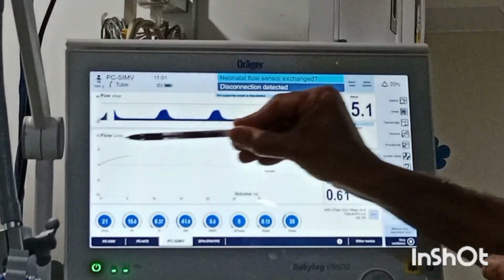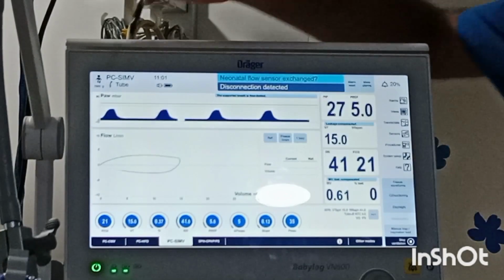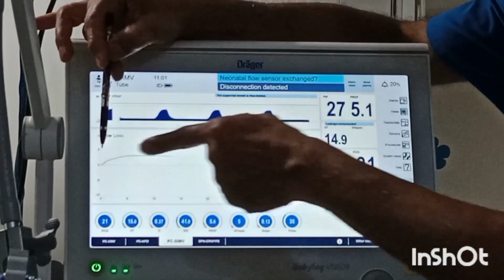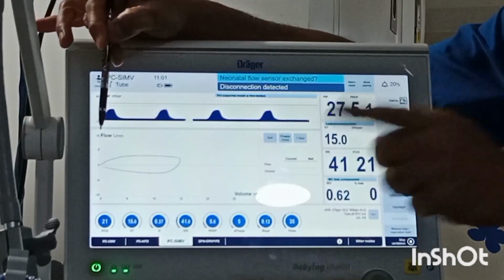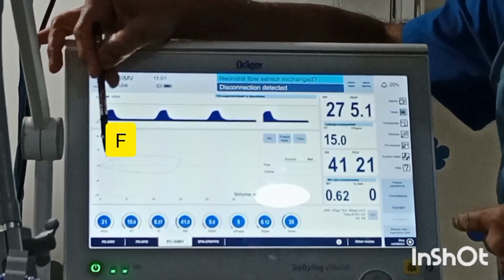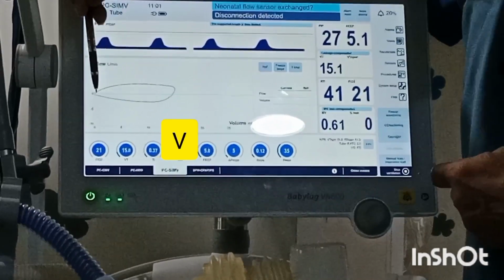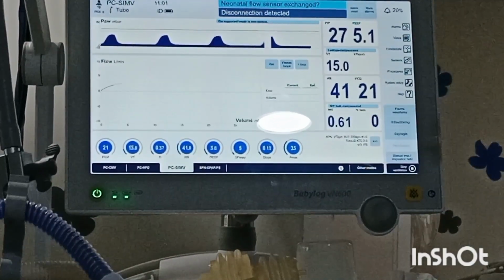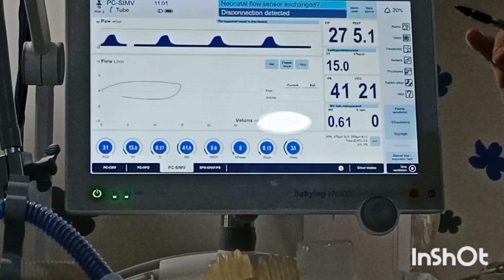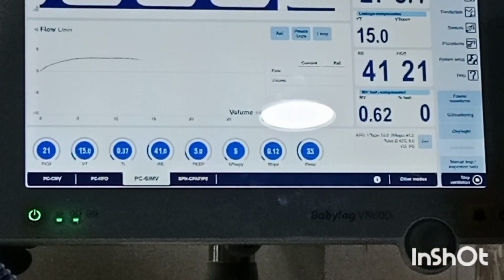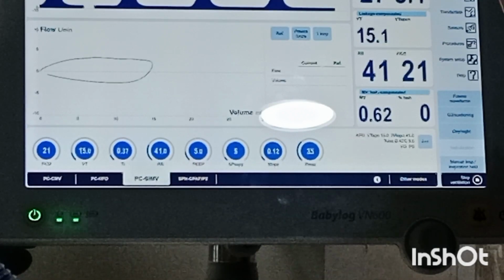Now it again has a curve. If you look at this curve, it starts from 0. That means there's no flow happening. Then flow starts to happen, but it comes back and meets the same point. This is very, very important. In the pressure volume loop, it also comes back, but it is not coming to 0.